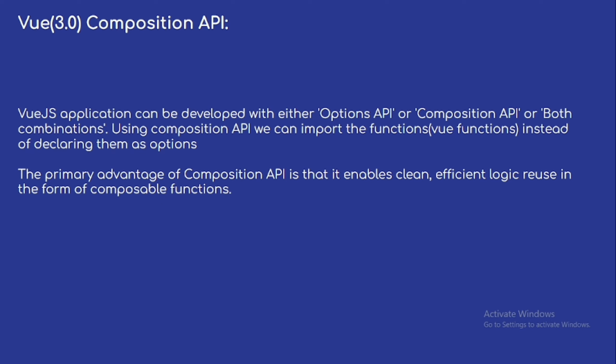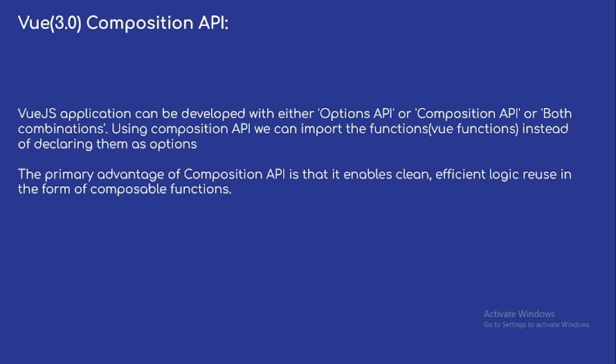Okay. So what is composition API? A Vue.js application can be developed with options API or composition API. Options is the old way of writing Vue.js. It is still supported, but the most recommended is the composition API. We can write both options API and composition API combined in our application if you want.